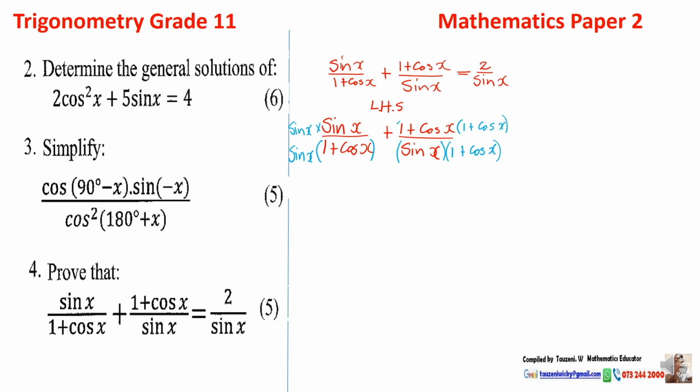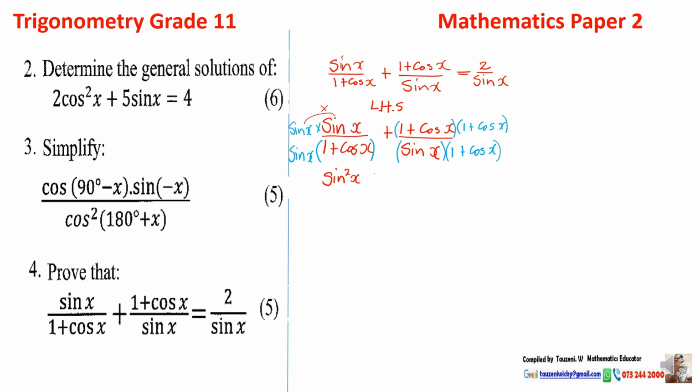Remember, in maths, when you multiply more than one term, we use brackets and then we apply the FOIL method. Now, the moment I do that, everything will start adding up. So going forward, sine x multiplied by sine x gives me sine squared x.